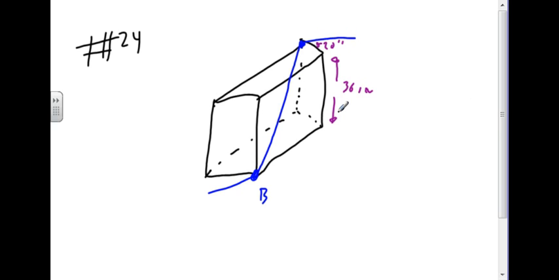And the travel, A to B travel, is 72 inches. So this is a three-dimensional problem. And we want to find the advance that's down here. Okay.